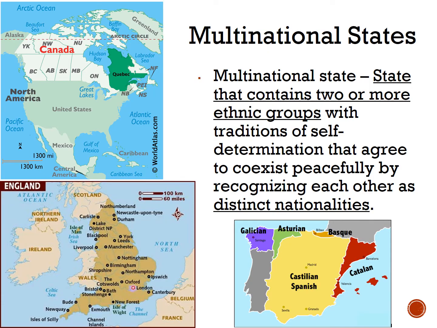In Europe, Spain includes several nations, but more notable for their desire for independence are the Basque and the Catalan people. And that is a major challenge for multinational states, is creating a sense of unity amongst different people.